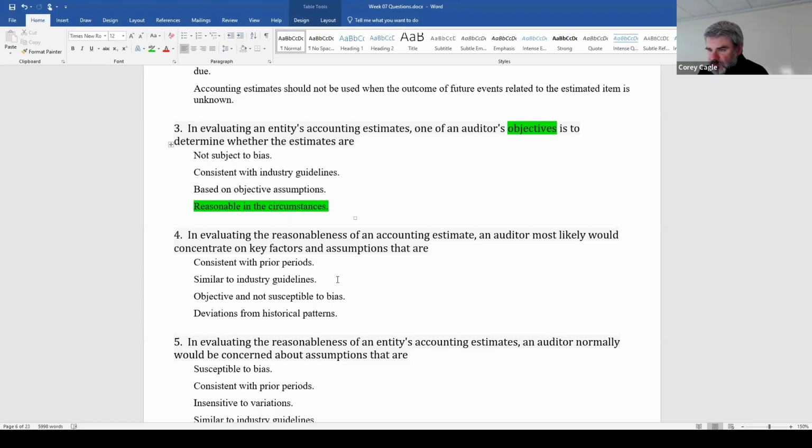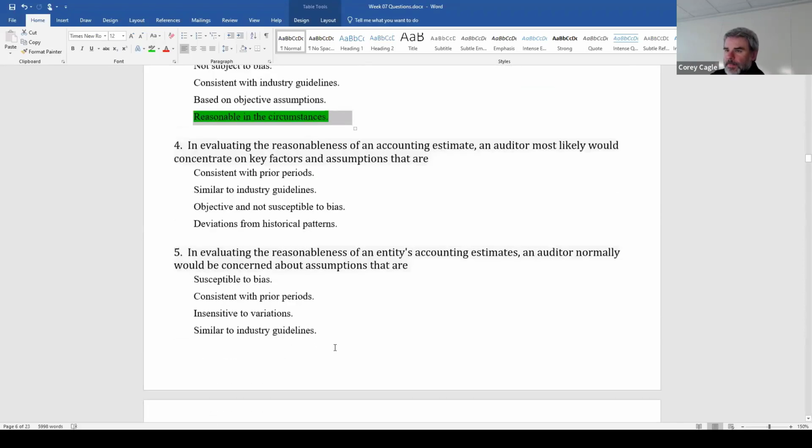But the objective is, is it reasonable? It's an estimate, right? So we want to make sure it is reasonable in the circumstance. The not subject to bias thing is something we just need to consider as we are overall determining this, right? So lots of good questions tonight where you really have to drill into the words and the meanings and pay close attention. So this is good practice tonight for these.